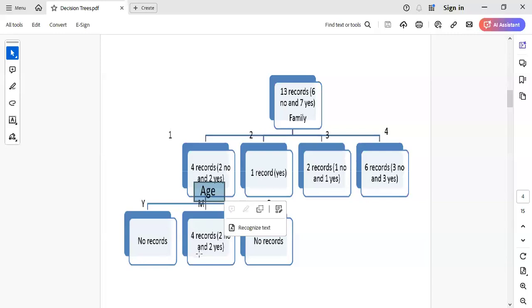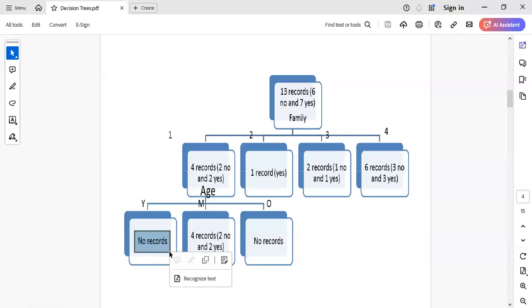Now again we can choose one more attribute here, divide it, and move further till all the records are of leaf category, or there are no records at all. Till that stage we need to go further. Okay, this is how a tree is built.